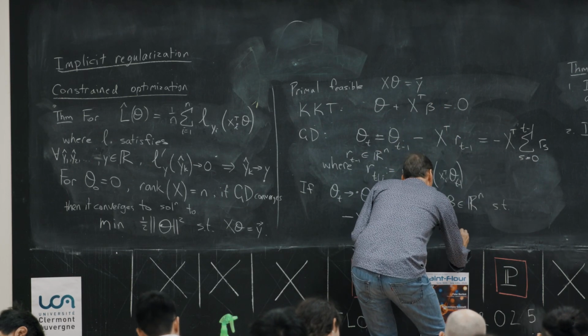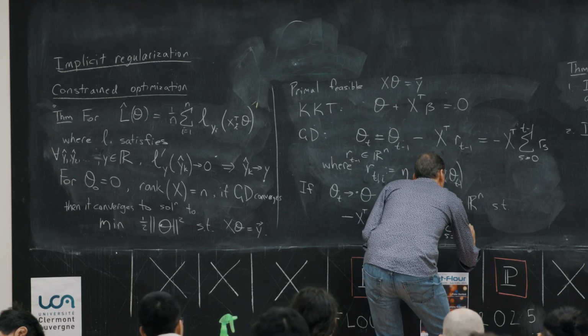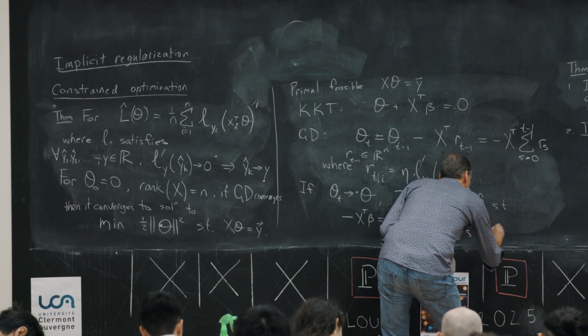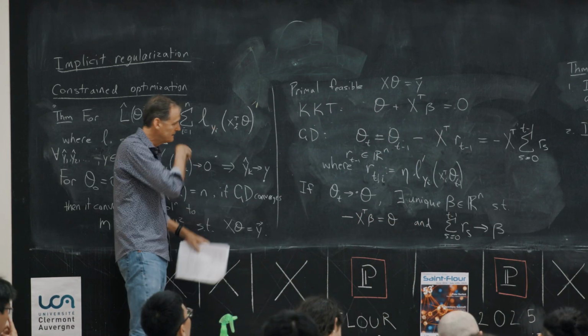So this sum from 0 to t minus 1 of r s approaches beta.